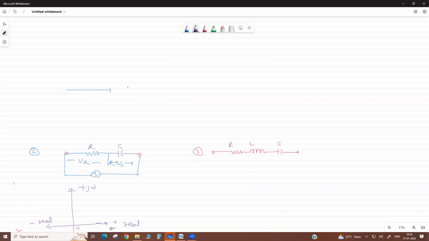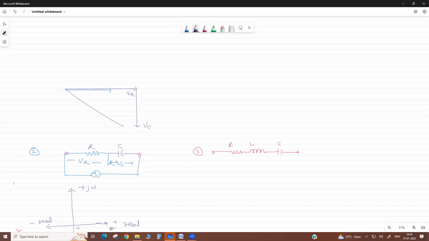Now the drop in resistance is in phase with the current. But this is the capacitive reactance drop, VC.